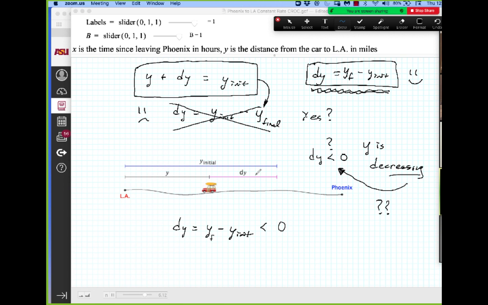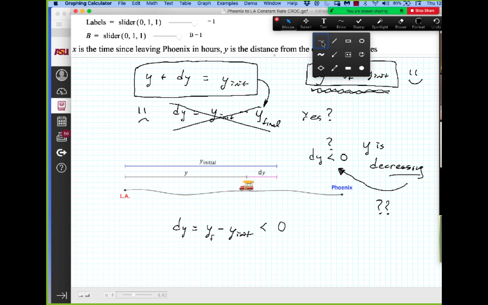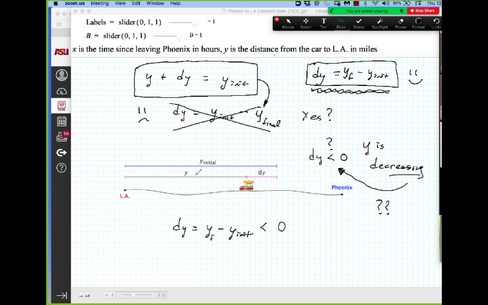So this length is positive, but our dy's are truly the opposite of that length. Just do a quick example. Let's say y is 150.